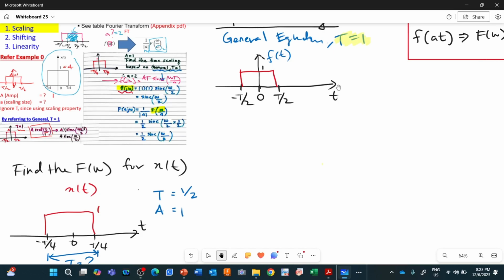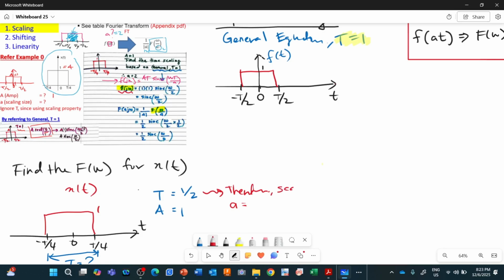compressed. So what's the scaling factor there? If you have 1 in the general equation, and it's shortened to 1 over 2, what's the scaling factor? 2. So A is the scaling factor.